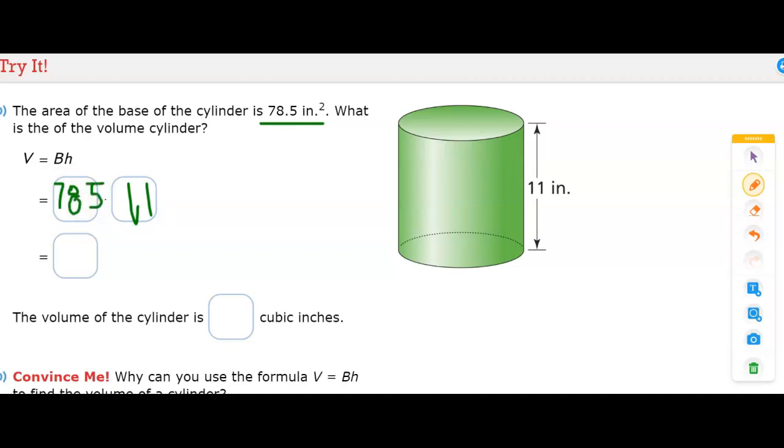Now we have to multiply that, and we get 863 5/10. So the volume of this cylinder is 863 5/10.